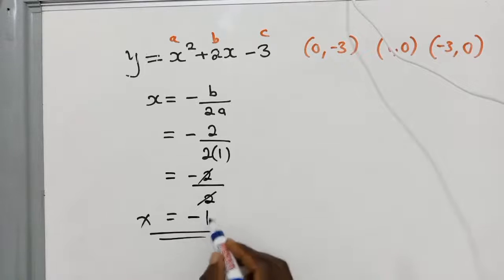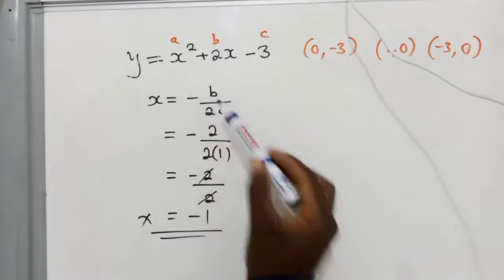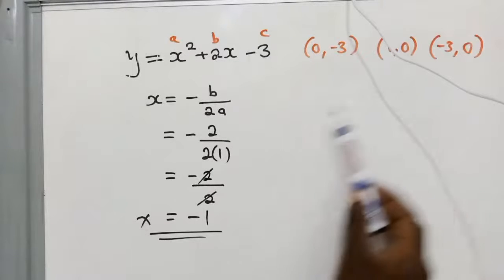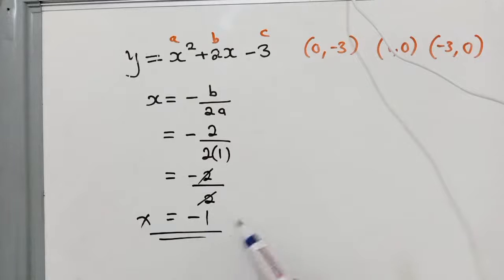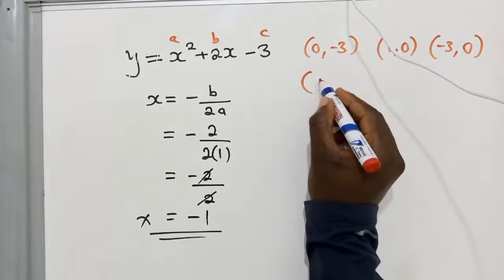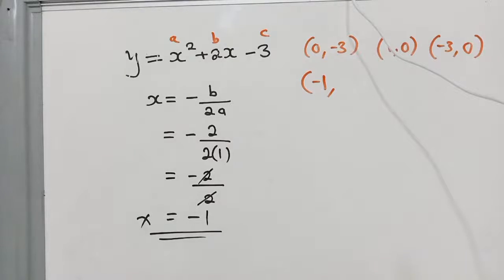So now get this x value, put it in this. Remember, we are looking for the coordinates of the turning point, okay? So now we already have the x value. We can even write like this if you want. We can say for the turning point, x is -1. What about y?